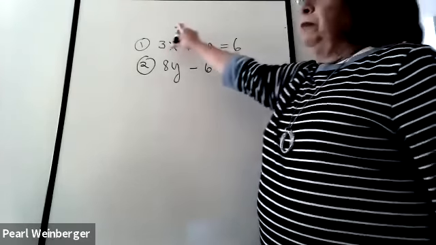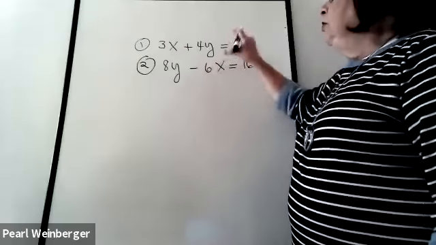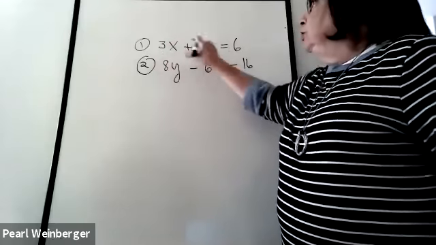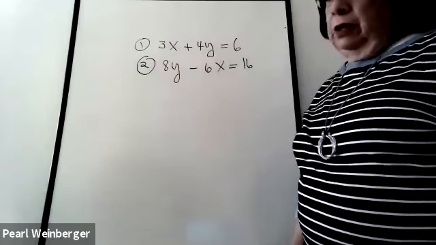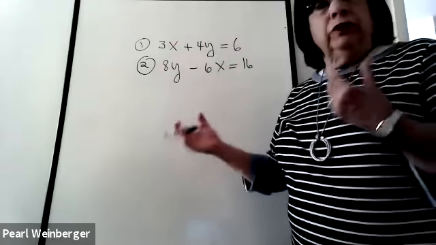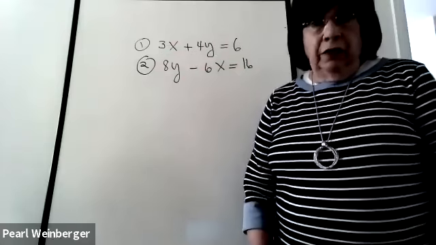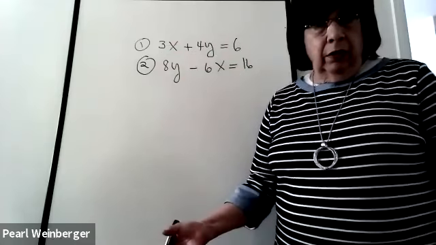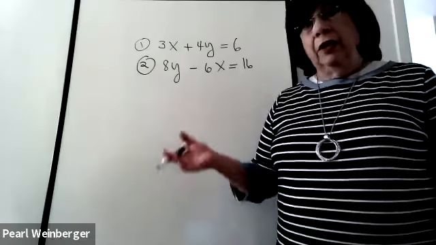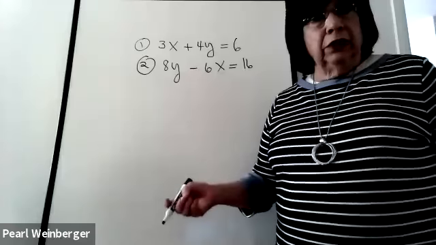I know they both happen to be not in y = mx + b form. They're both in what we call standard form, x, y equals a number. They're equations of two different lines. I want to find out if these two lines are either parallel or perpendicular, or maybe neither. And the only way I can do that is if I look at the slopes of those lines.